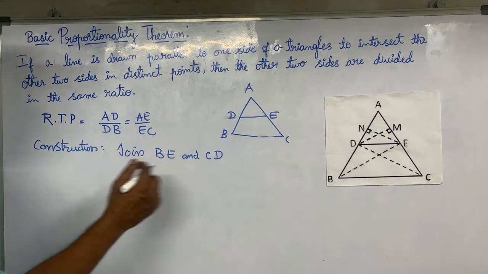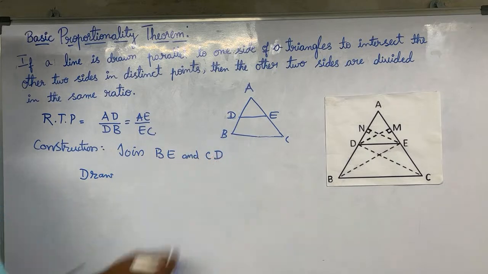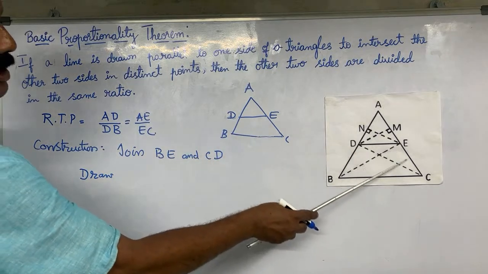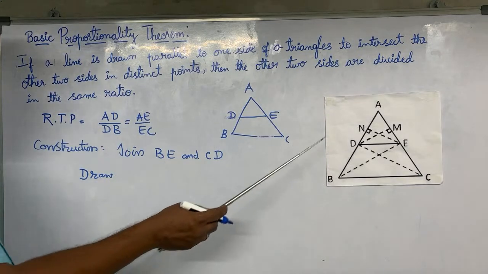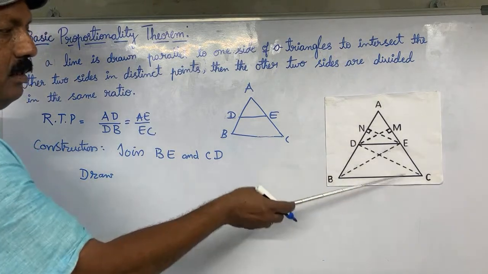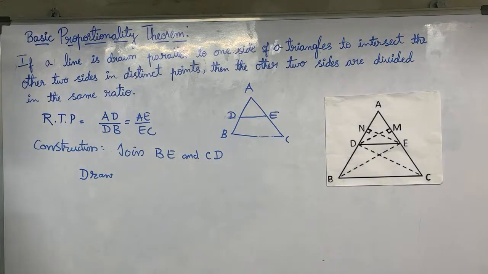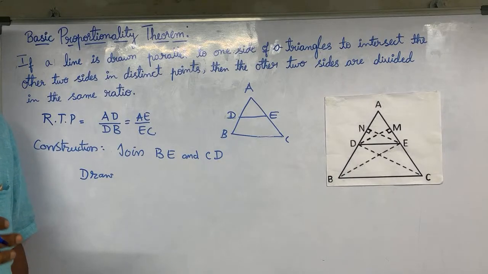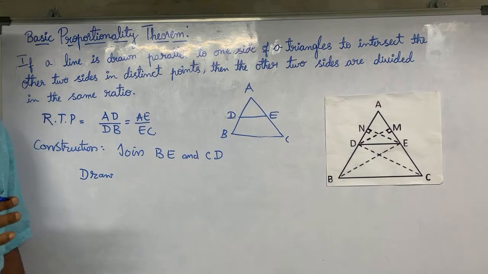After joining, we draw DM perpendicular to AC and EN perpendicular to AB. Once again I will repeat, we have to draw DM perpendicular to AC and EN perpendicular to AB. Whenever the word perpendicular comes, remember that it is 90 degrees. Only then do we call it a perpendicular. If it is not exactly 90 degrees, you shouldn't call it a perpendicular.